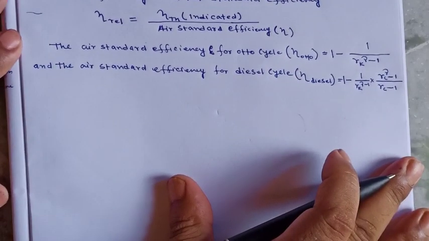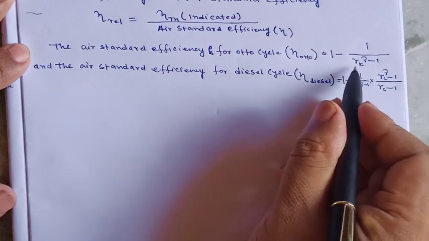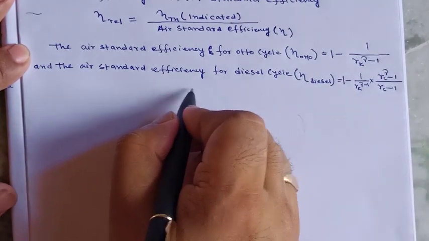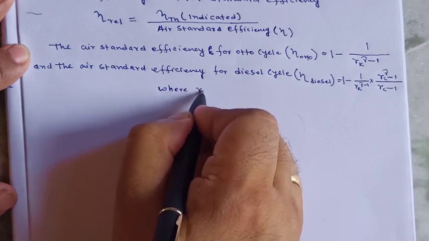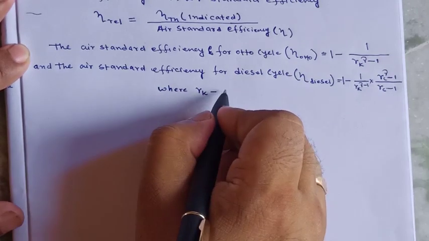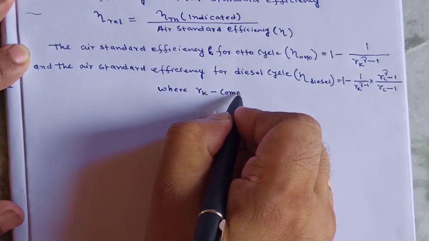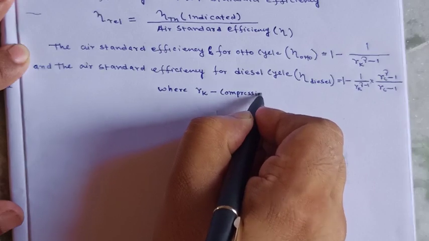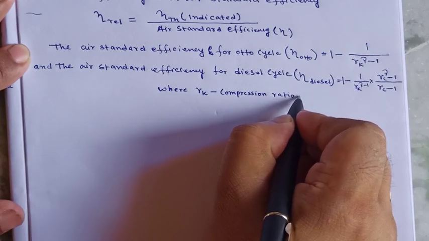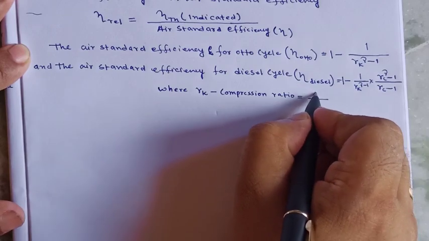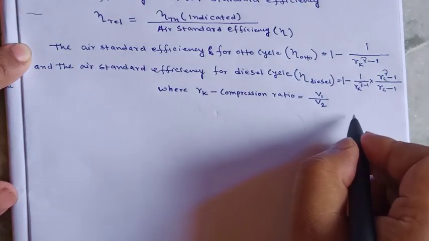Next, you can see what is this Rk and Rc, where Rk is the compression ratio, that is V1 by V2. What is V1 by V2?